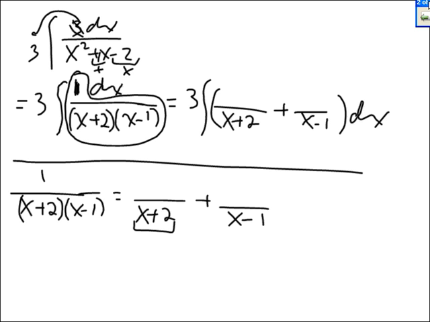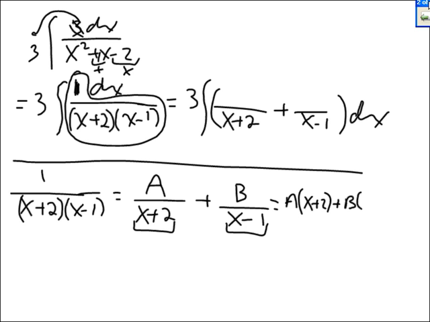Since this is a first degree equation, what goes on top is a 0 degree. That is a constant. First degree, constant goes on the top. Well, this is a times x plus 2 plus b, I meant to say x minus 1.